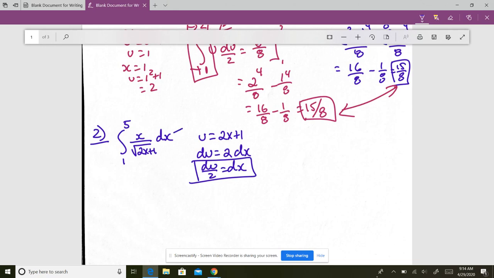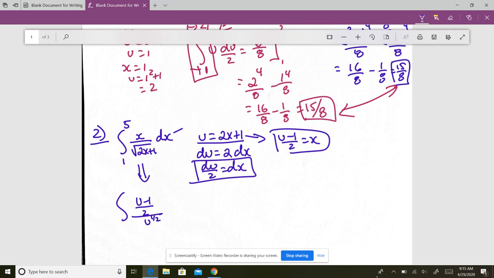I have to get rid of this x, just like we did last night. Sorry, last night is when I made the video. You rearrange this to (u minus 1) over 2 is equal to x, and that gets subbed in for x. The integral then becomes (u minus 1) over 2, over u to the power of a half, times du over 2.